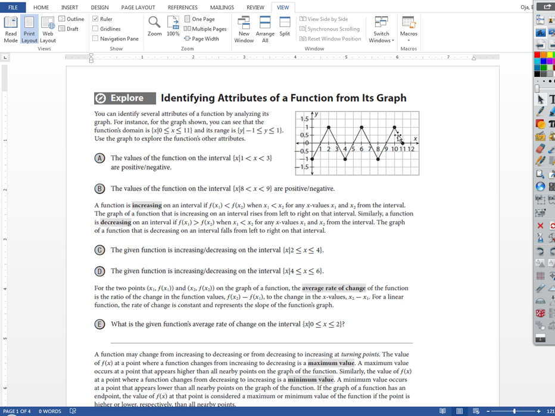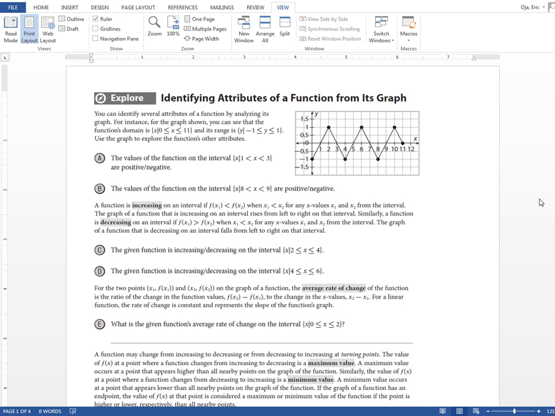What's different, for example, about the point at x equals 4.5 and the point where x equals 5.5? Let me blow this thing up a little bit. It's kind of hard to see.